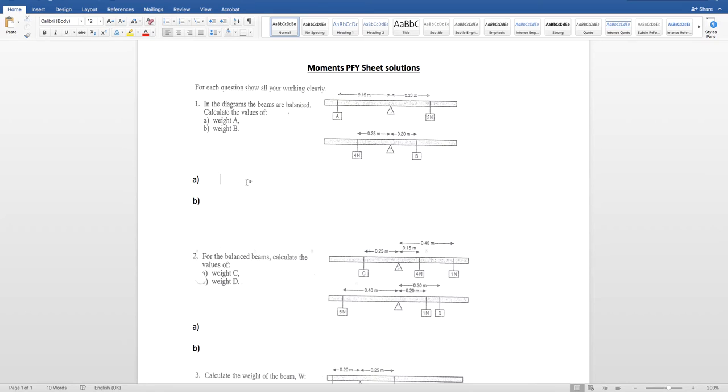in A we have, if we look at our clockwise moments, we have force times distance, 2 times 0.30. Anticlockwise, we have A times 0.40.